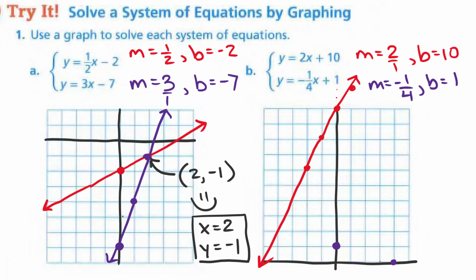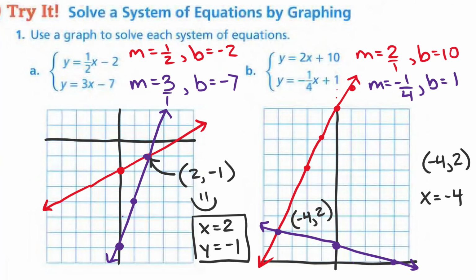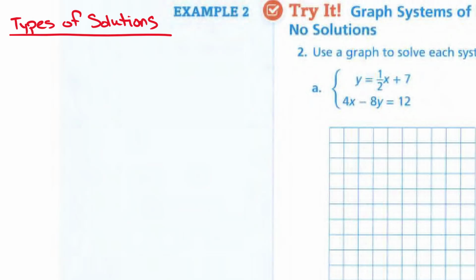Up 1 and to the left 4. Perfect. And so we can see that this point of intersection is at -4, +2. So my solution set is (-4, 2), or we can say x will be equal to -4 and y will be equal to 2.